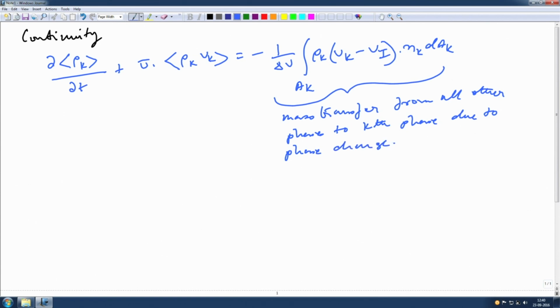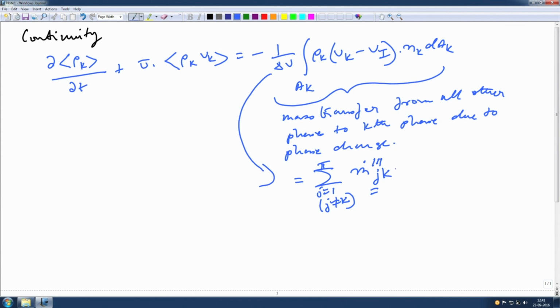We said this is equal to the summation over j equal to 1 to all the phases phi, but j is not equal to k. So this is m triple prime j k. From all other phases it is summed over j, so from all other phases how it is transferred to the kth phase.